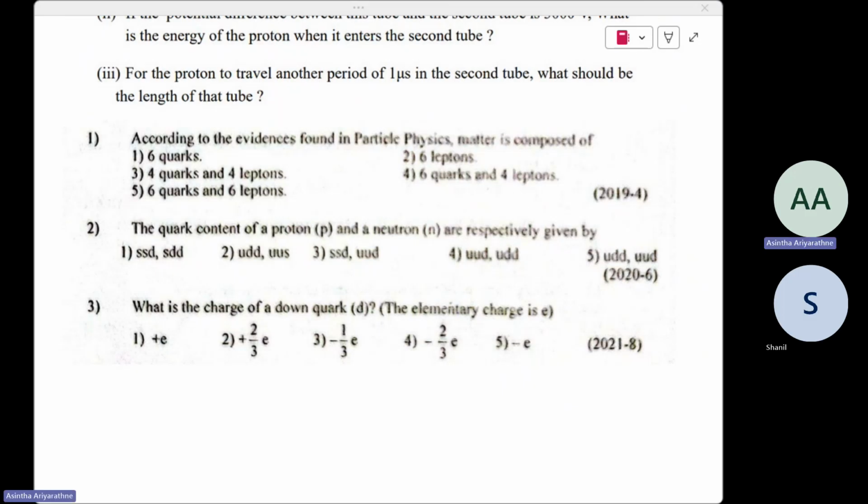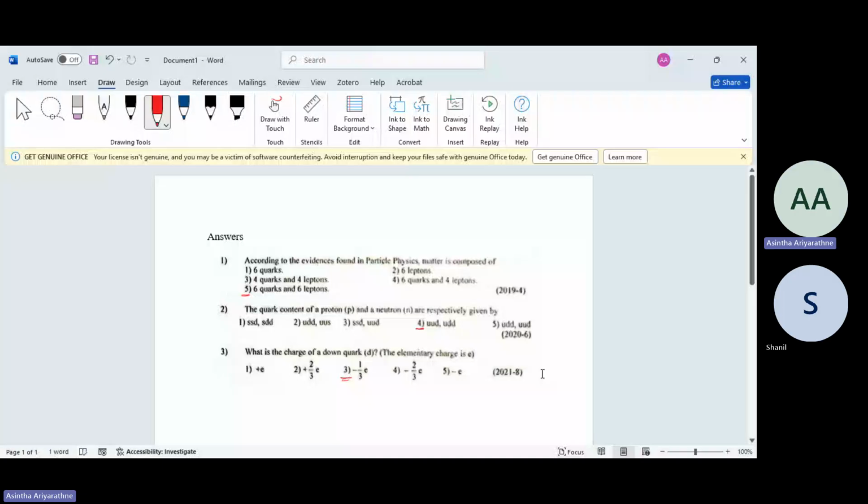So there are not many questions actually from this section that we discussed today. Most of the questions are from the first three subtopics that we discussed: radiation, radioactivity, and photoelectricity.